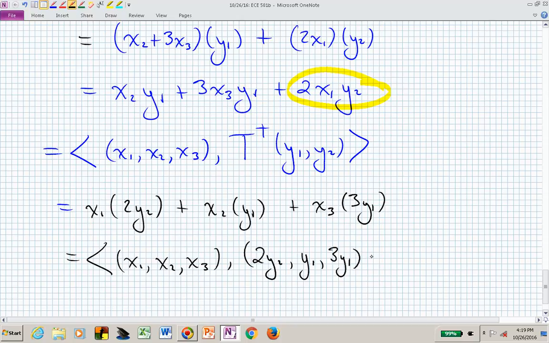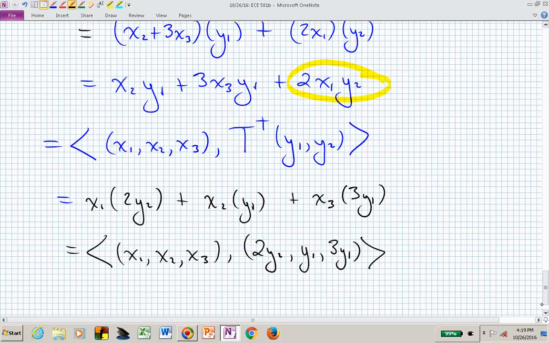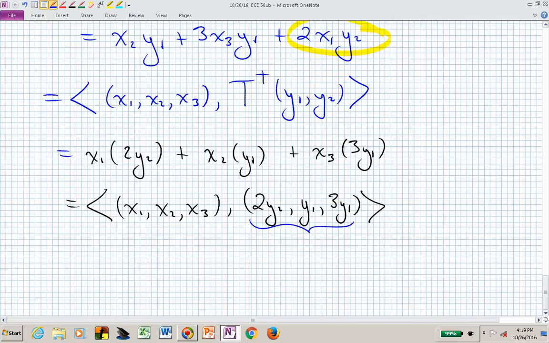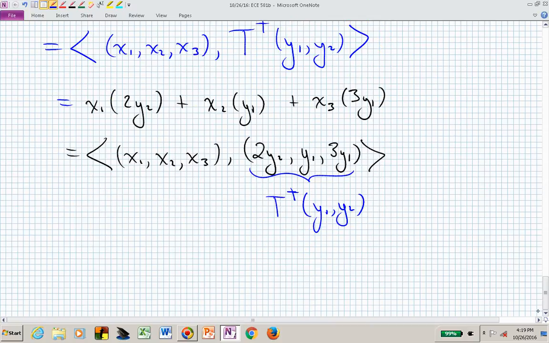is 3y1. And that, by definition, is actually supposed to be the adjoint of T applied to y1 and y sub 2. Which now says that T dagger y1, y2 goes from R2 to R3 in the following way.